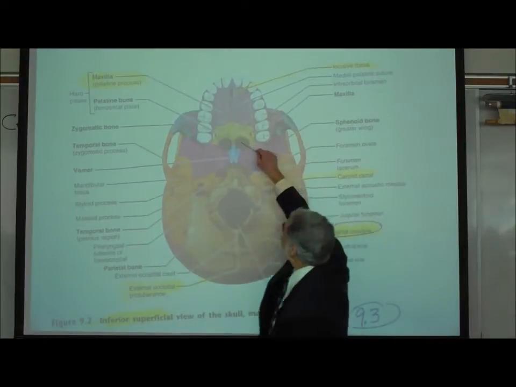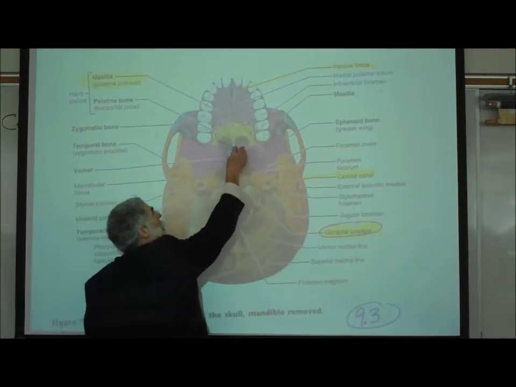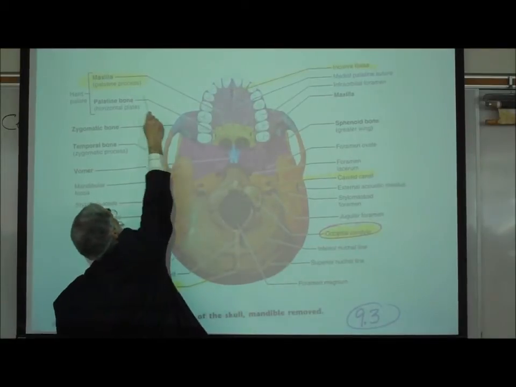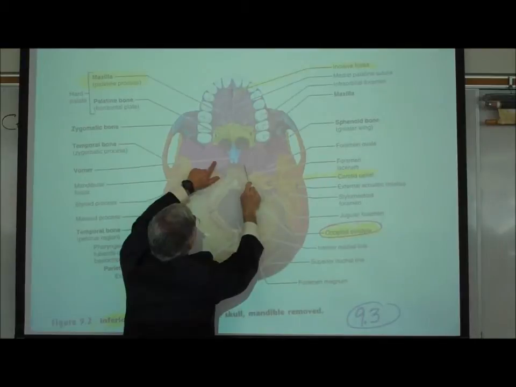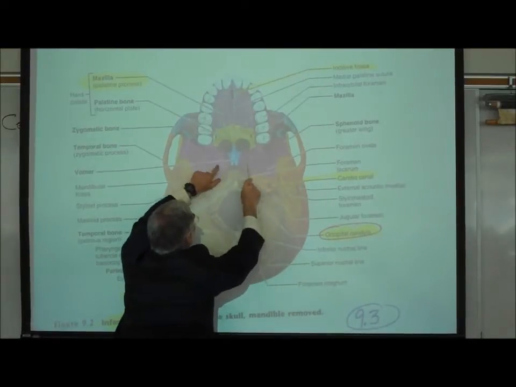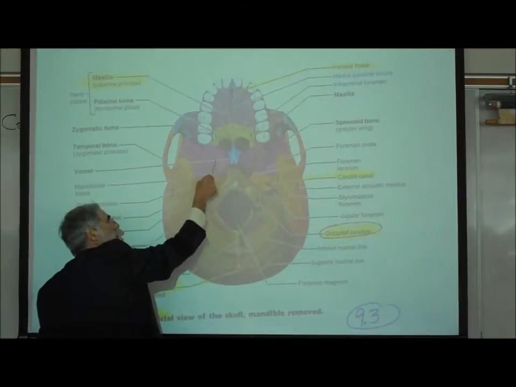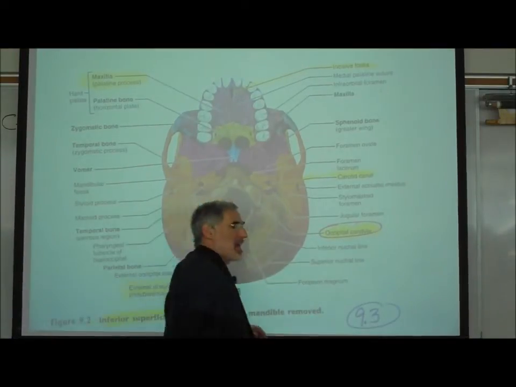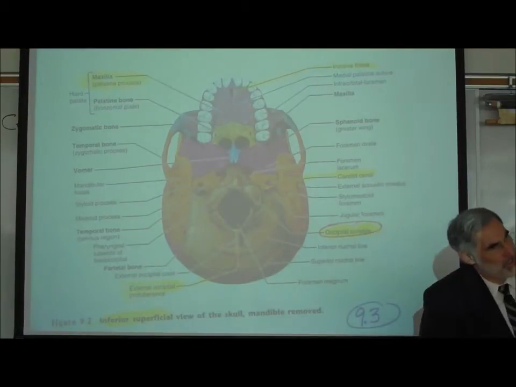The roof of the mouth is actually formed by 3 bones: the palatine process of the maxilla, the palatine bone, and this purple right here is the sphenoid bone. And in this area, there are some rough edges. That's called the pterygoid process of the sphenoid bone.